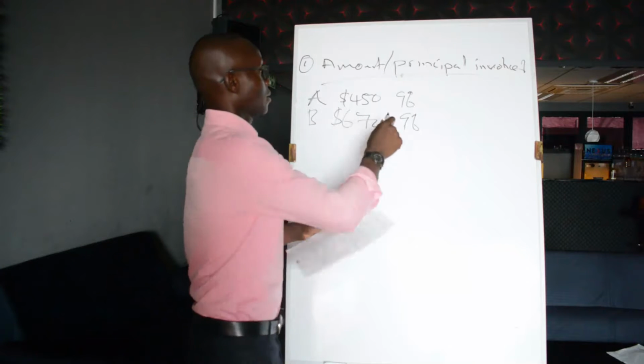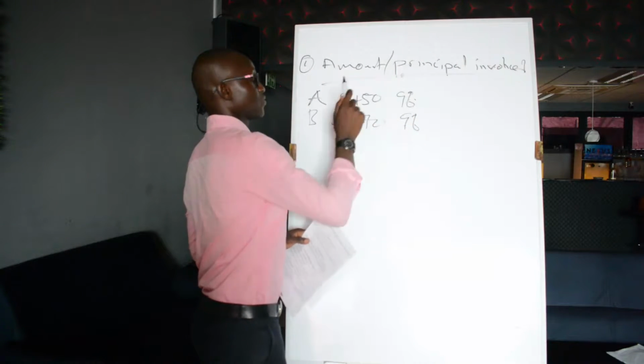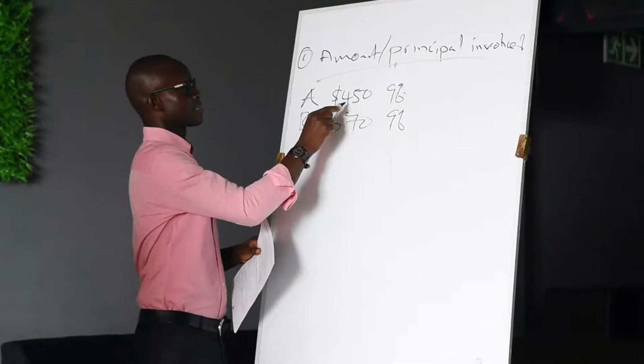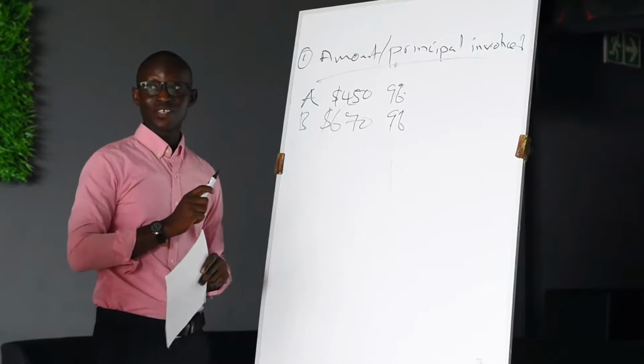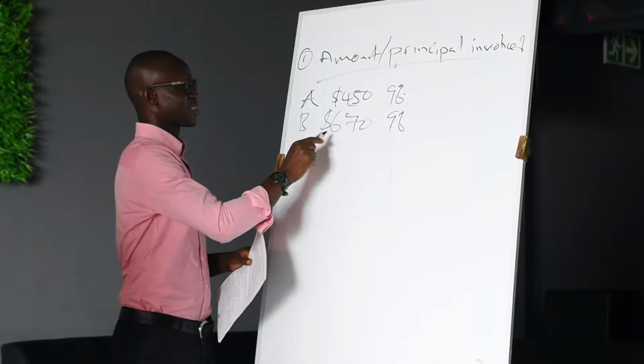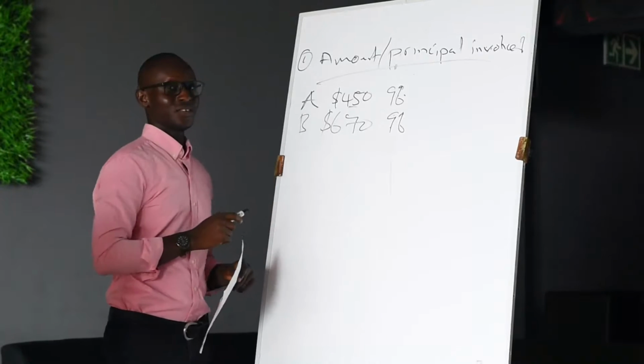Okay, this is the rate of interest. Your dividend is going to be paid based on this rate. You can see that person A has the principal being 450 USD. Person B also is having or investing 670 USD.